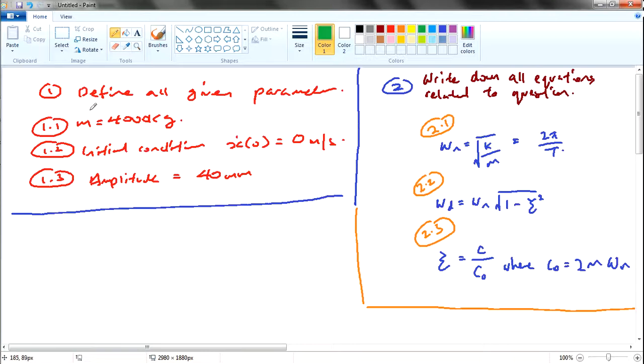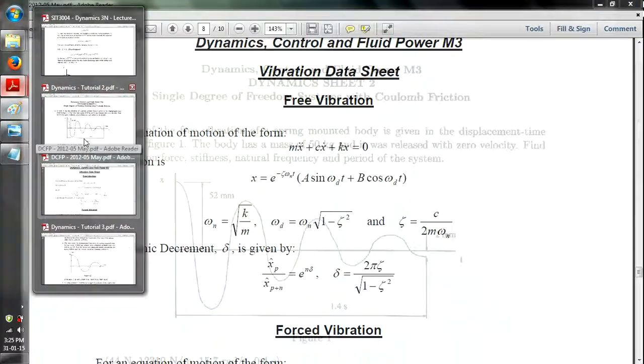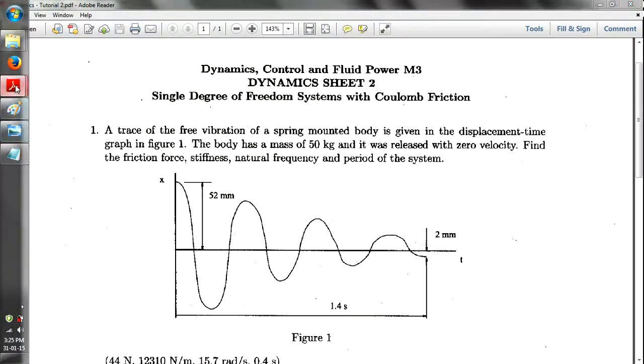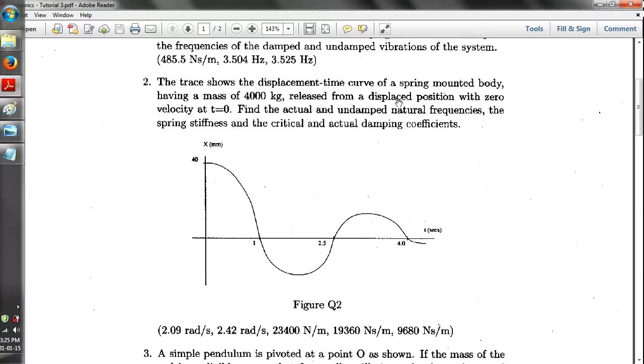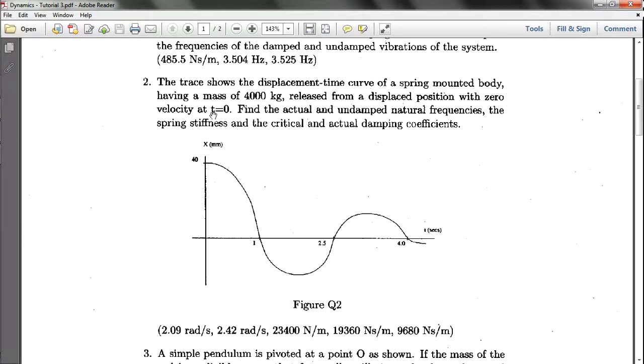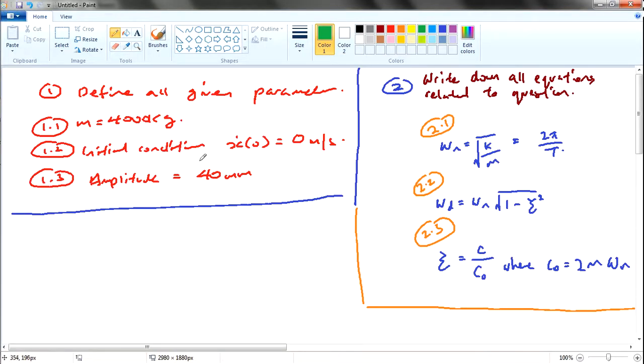So we first define all given parameters. The mass is equal to 4,000 kg, and the initial condition is zero velocity at t equals 0, so the velocity at time 0 is 0 meters per second.